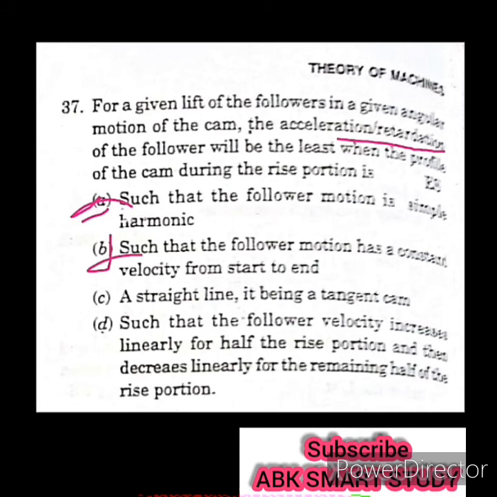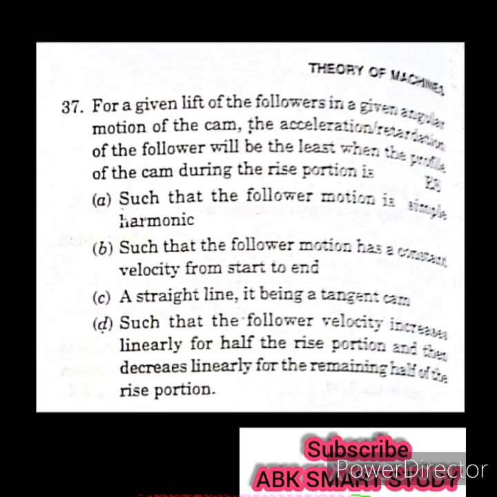Option C, a straight line, being a tangent cam. This is also wrong. And option D, such that the follower velocity increases linearly for half the rise portion and then decreases linearly for the remaining half of the rise portion. So option D is the right answer.